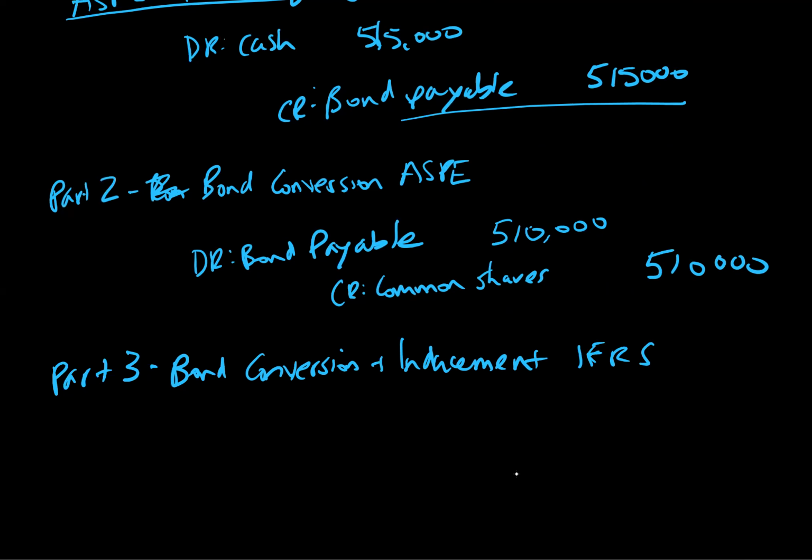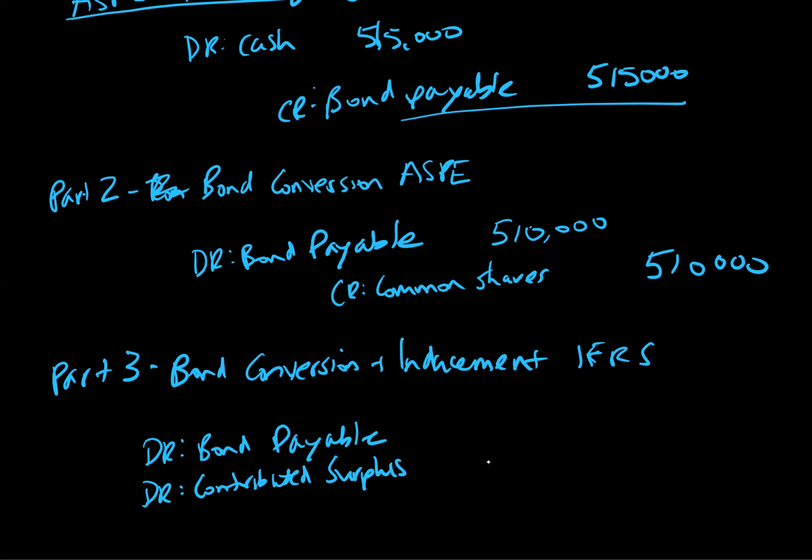Okay, so we know that we need to clear out the bond payable. So we need to debit the bond payable, and we need to debit contributed surplus, because we need to clear out these accounts that we had previously recorded in our earlier entry.